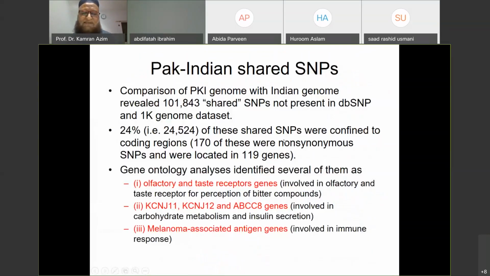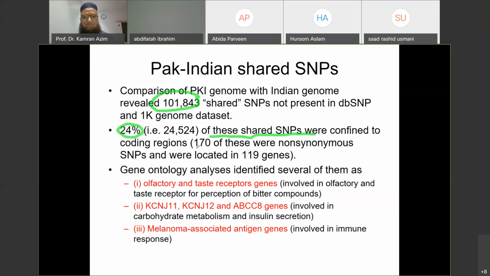Now next we compared the Pakistani individual genome sequence with the Indian genome sequence, which revealed more than 100,000 SNPs shared between these two individuals, who are both from the same region. We call these shared mutations.